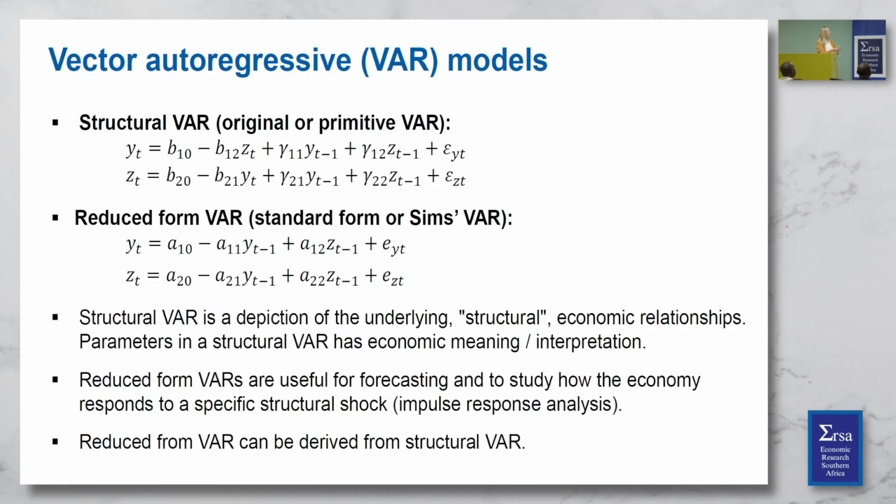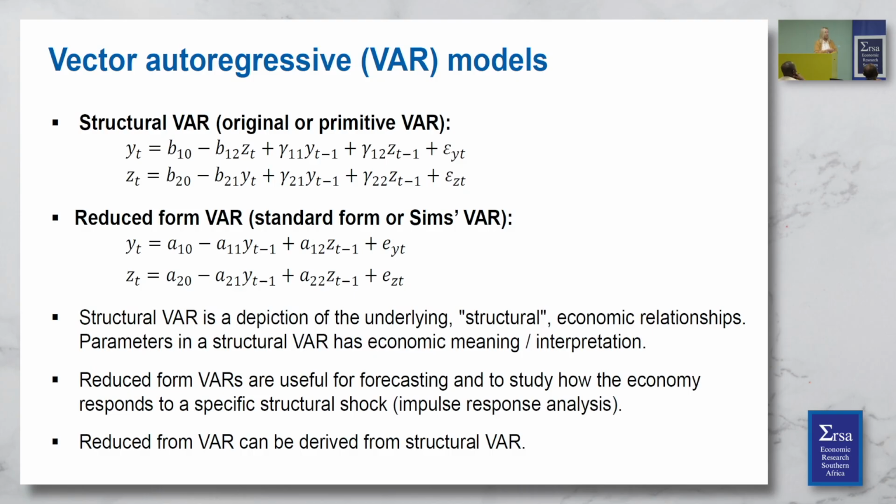In a structural VAR, it is possible that the variables can affect each other contemporaneously. So there will be a Z_t in the Y equation and a Y_t in the Z equation, whereas the reduced form VAR has only dynamic terms.